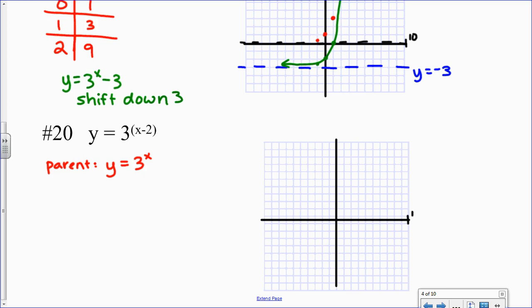Okay, so I'm not going to make another table because it's the same values there. My asymptote is here.